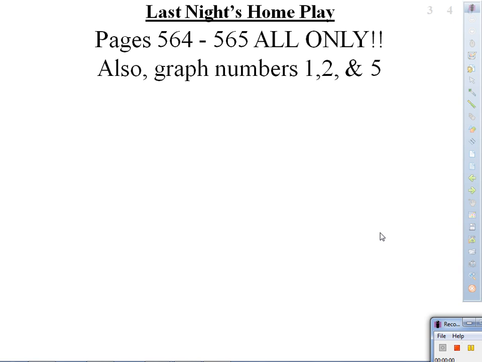Right, homework for tonight, pages 564 and 565. We're going to do all only 10 problems. Only. And make sure you graph numbers 1, 2, and 5.